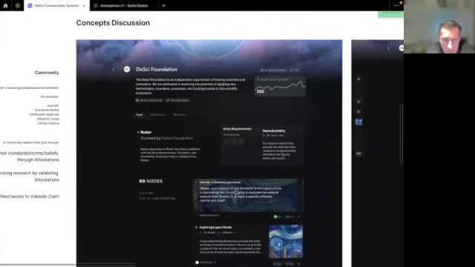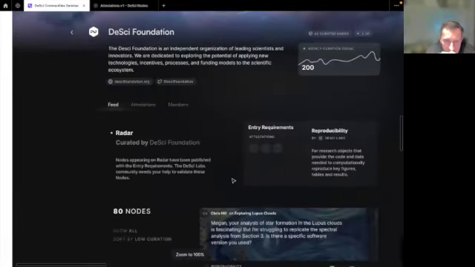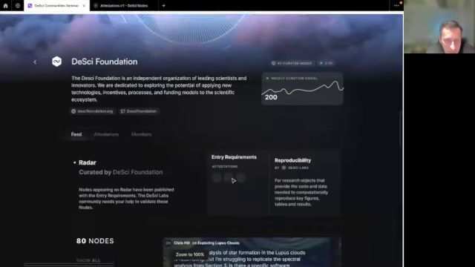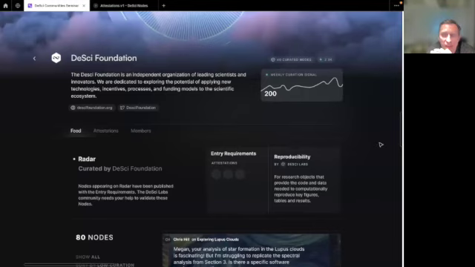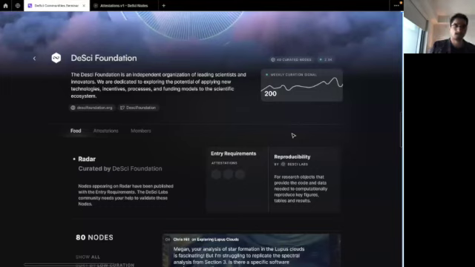Okay, wait. So if I'm just a normal person and I'm not a member of anything, it's my first time that I come here, and then I click on DeSci Foundation, and then I see this radar and all these nodes that require input.